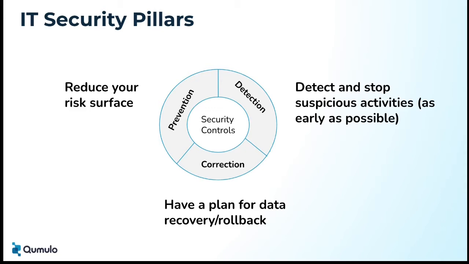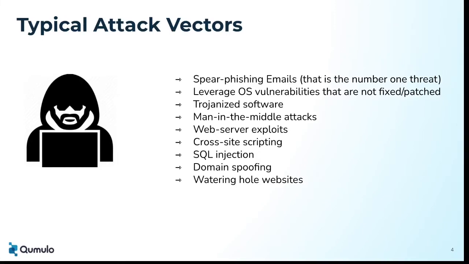That's a second aspect that we want to look at. And then obviously, if things happened, if you couldn't prevent any hackers or malicious software from growing in your network, you have to have a plan for recovery and rollback. And we want to look at what features Qumulo provides to support that strategy as well.